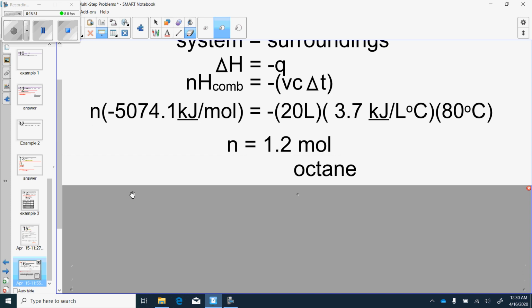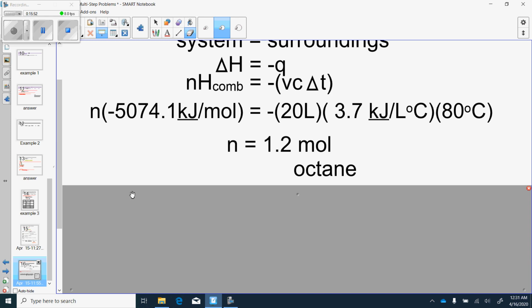So we were able to go back and use the calorimetry method only after we found the total enthalpy and molar enthalpy when we combust octane. One more step. It didn't ask for the moles of octane. The question asked for the mass of octane.